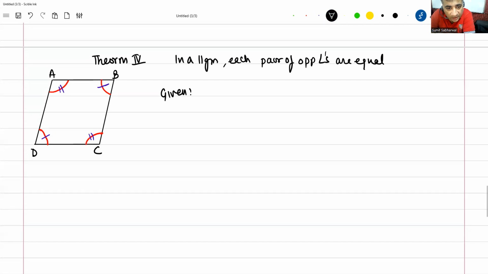Given is that ABCD is a parallelogram. To prove: angle A is equal to angle C and angle B is equal to angle D. Okay.